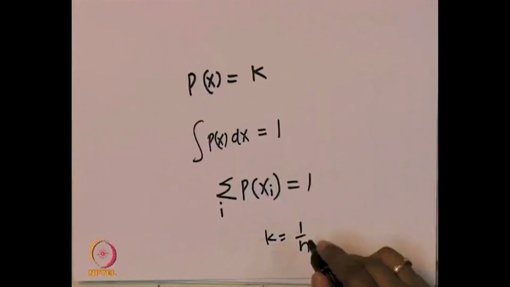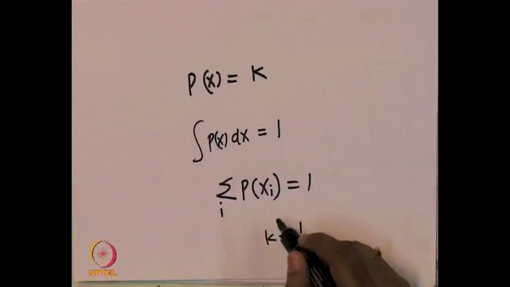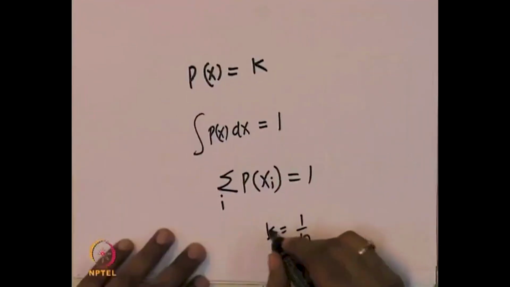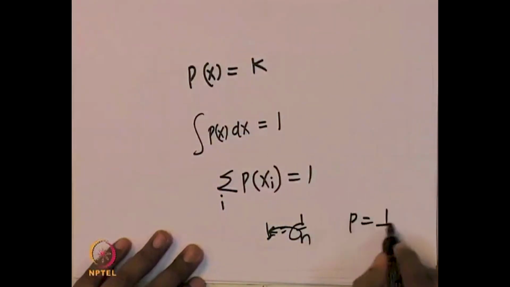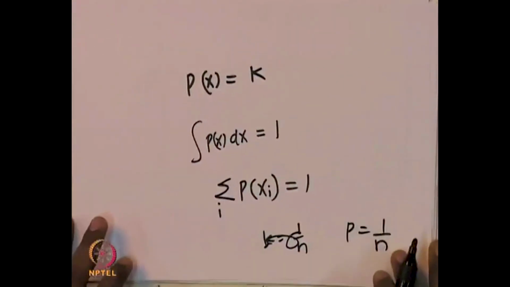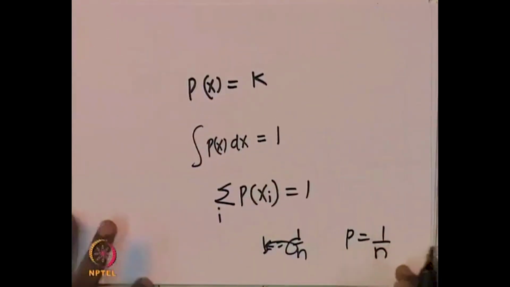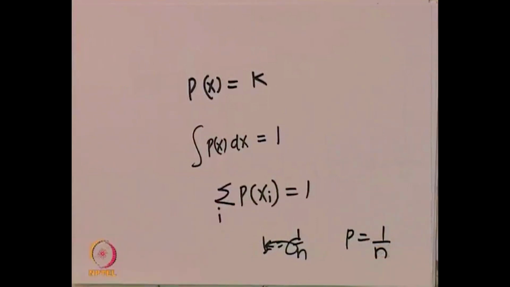So, just like we found 1 by 6 or 1 by 2, there is a total number of outcomes, and if you divide 1 by the total number of outcomes, that will be the probability. So, if the distribution is uniform, this will be the probability.